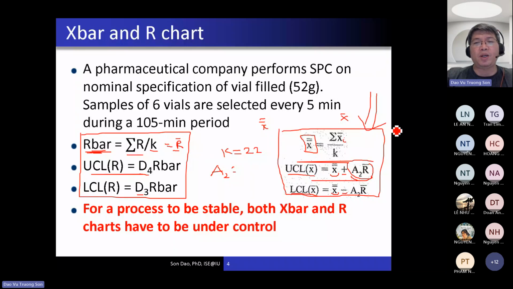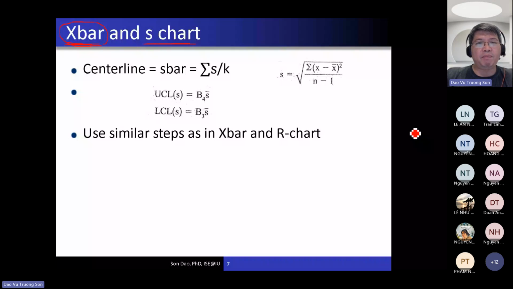This means that for the X bar, we need to calculate R bar. A good example is using the same pharmaceutical data set that we had before and calculating the new chart, which is the S chart.